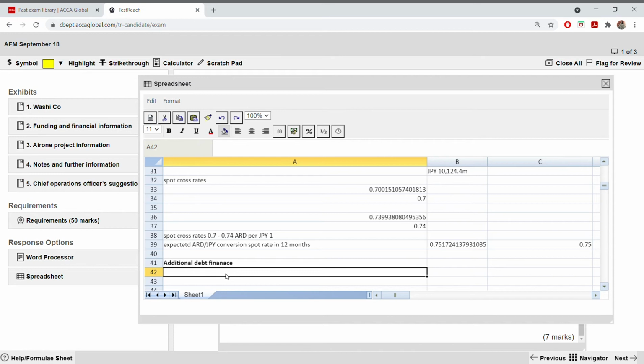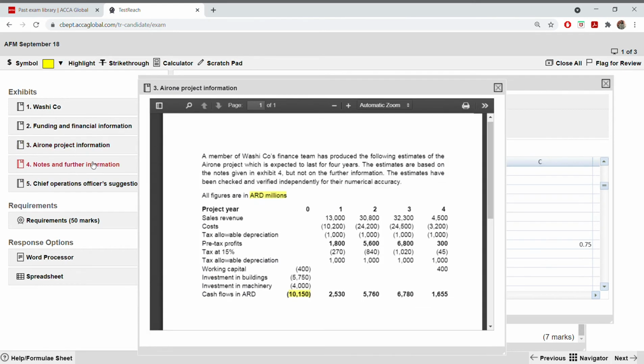Go through it briefly because long time I haven't gone through this question. So okay. Yes, you need to write it in Japanese yen. That's why we got all the spot rates and we have converted the spot rates and all. We have been given the ARD. Just go here and check. We have been given the ARD. We have to convert it in Japanese yen. Why?